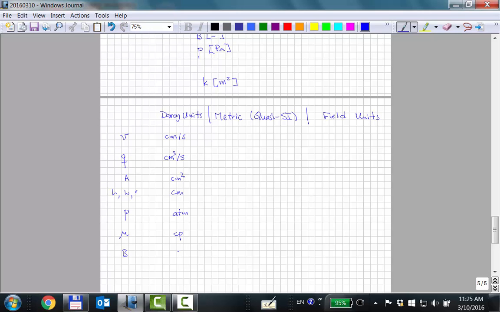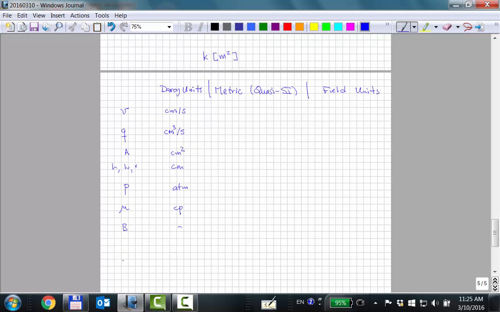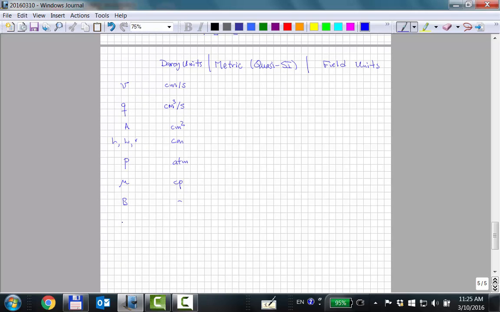B, they didn't use, it doesn't have units, so it doesn't matter. And then K. For this set of units, what we call Darcy or old lab units, this has the unit D, which stands for Darcy. And it's actually a capital D. Capital D.